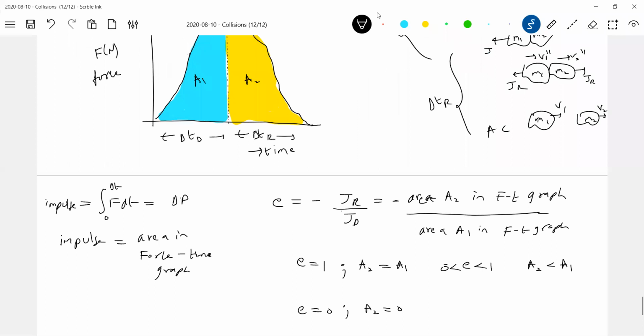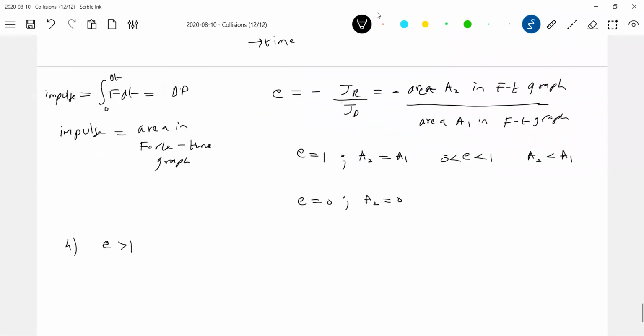How does it happen? During collision, some internal energy of the object is converted into an increase in kinetic energy, and area A2 became greater than A1. We do have experimental analysis, but in our books we don't discuss it. Theoretically, yes, e greater than 1 is possible, practically possible.